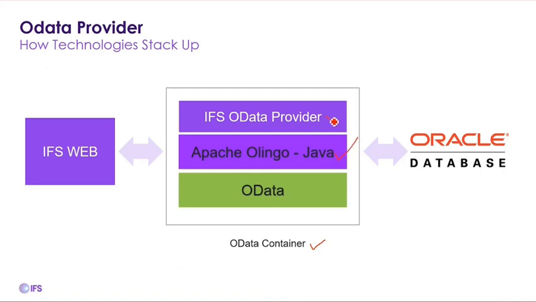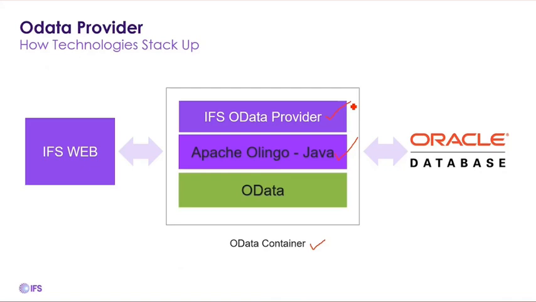That is implemented within the IFS OData provider. So basically, within the OData provider, there are certain IFS specific code. For example, we might need to convert a request into something that the database can understand. So that is something IFS specific. Apache Olingo does not know how to do that. So that is handled by IFS OData provider specific code.